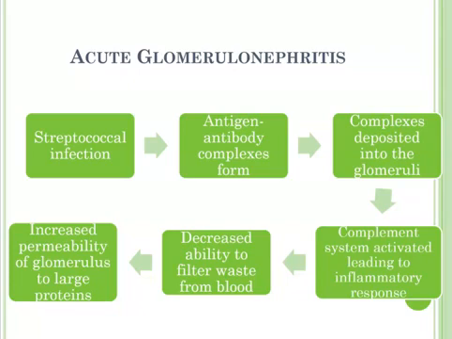I felt really yucky for a while, and then I started to get better. Well, your body actually formed these antigen-antibody complexes. These complexes travel through the bloodstream and they get stuck in the glomeruli. They're not supposed to be there, so we trigger the inflammatory process.